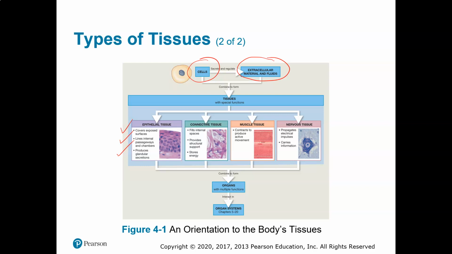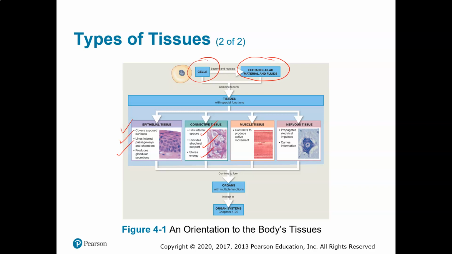Connective tissue fills internal spaces, provides structural support. So fills internal spaces would be like fat. Structural support would be like bone, and stores energy, which fat would also do.